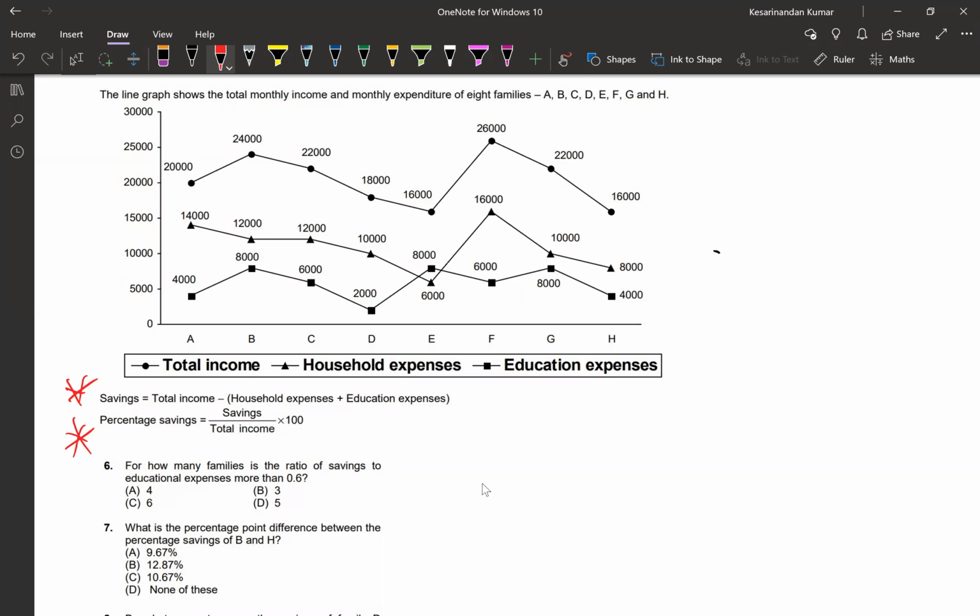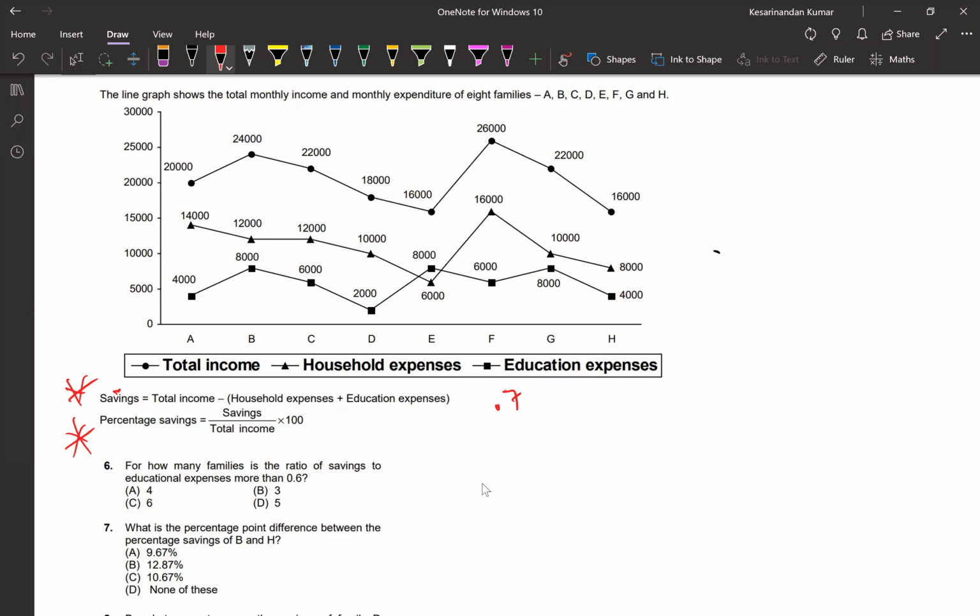Okay. So it is being asked, for how many families is the ratio of savings to educational expenses more than 0.6? Let us assume it is 0.6 or 0.7. So let's substitute.